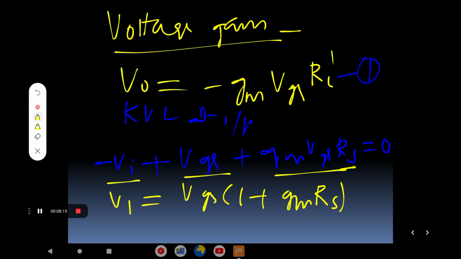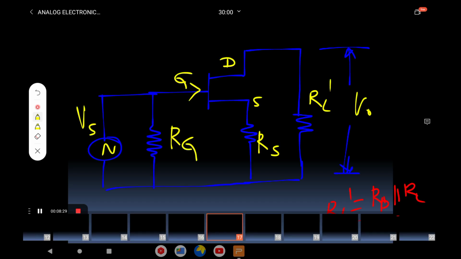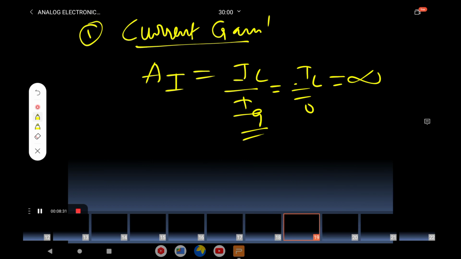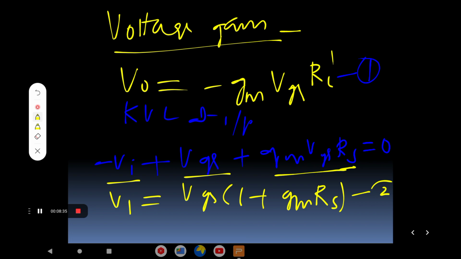Now you have to find out the voltage gain. For that purpose, let it be considered as equation number 2. Therefore, divide equation number 1 by equation number 2.